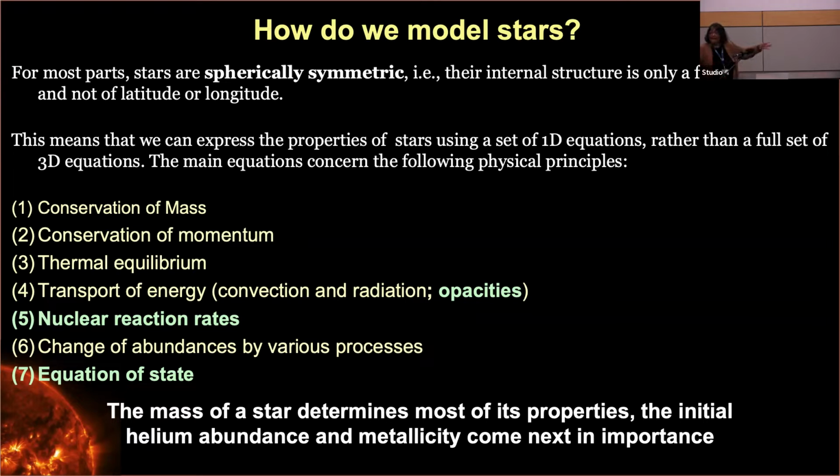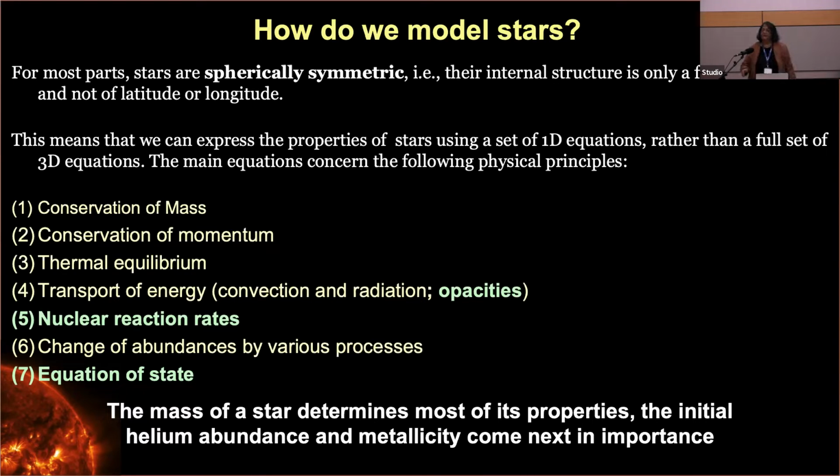Nuclear reaction rates, again, they're inputs. Now we have to figure out how the abundances of different elements change by various processes. Simplest to think of is in the core of a star, where you're constantly changing hydrogen to helium. Okay.